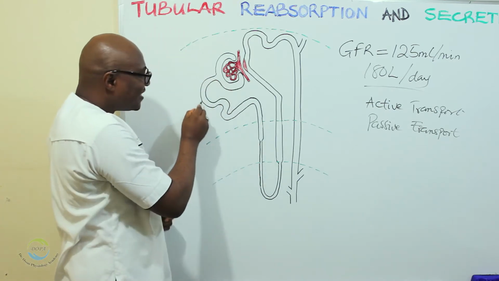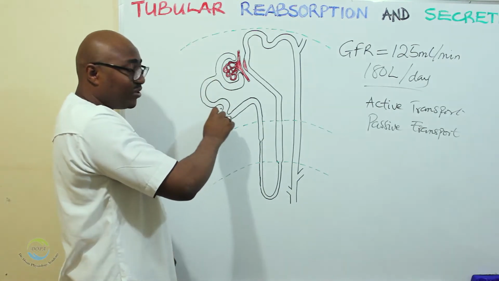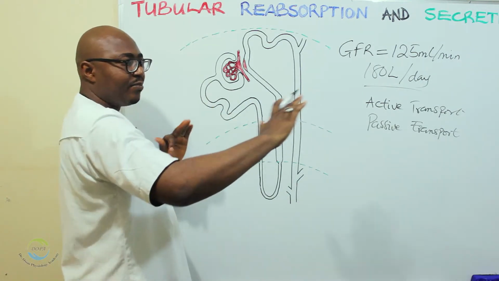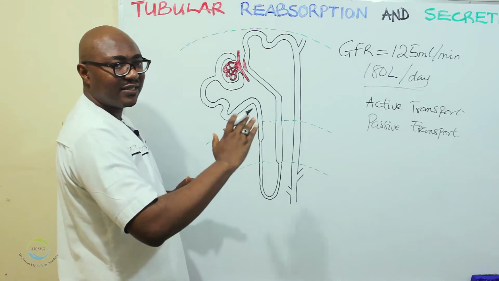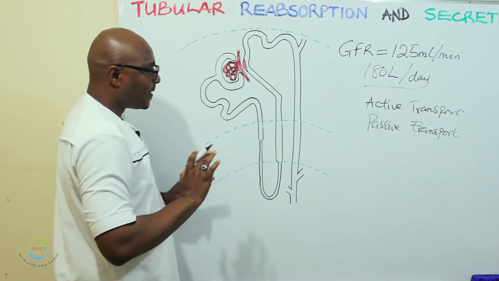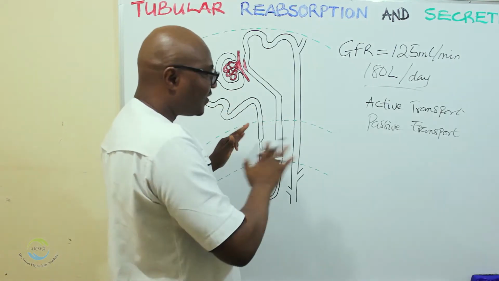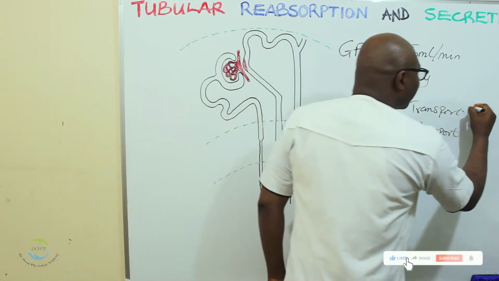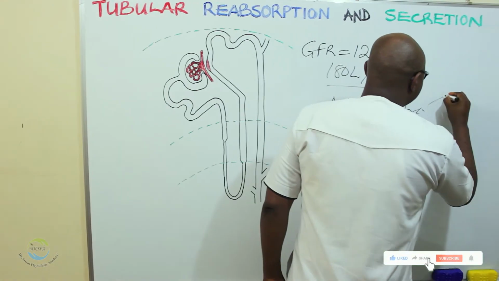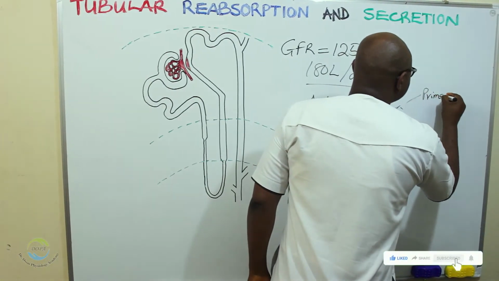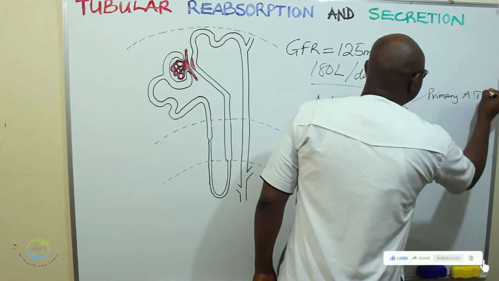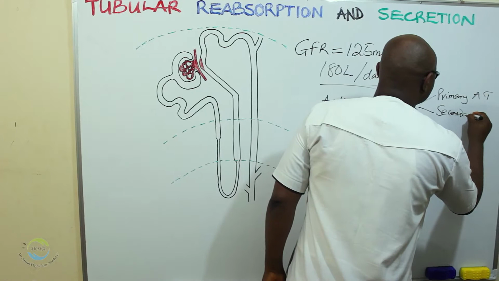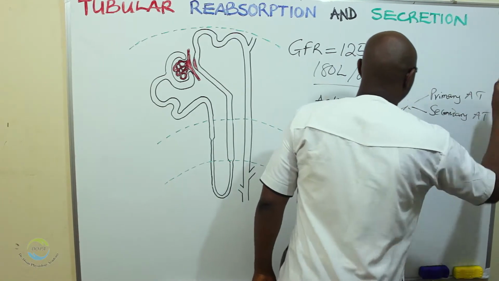All these things, this nephron, this tubule in the nephron, they are lined by cells, a single layer of cells, so that movement of substance will be very easy. So it's very thin. Okay? So there are cells, cuboidal cells, flattened cells in this thin area, and so on. So in this active transport, you now have the primary active transport and the secondary active transport.